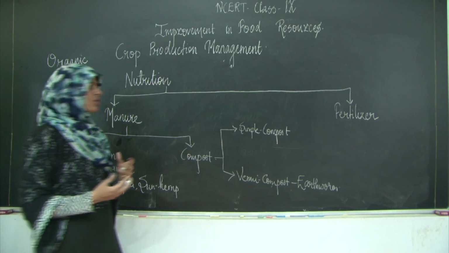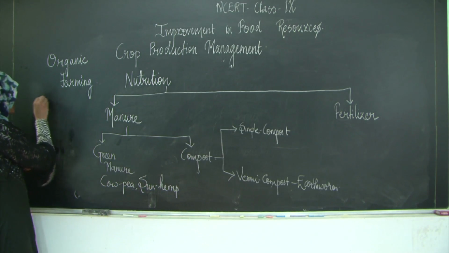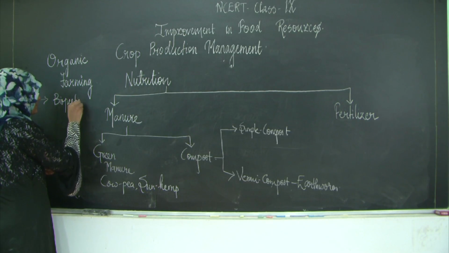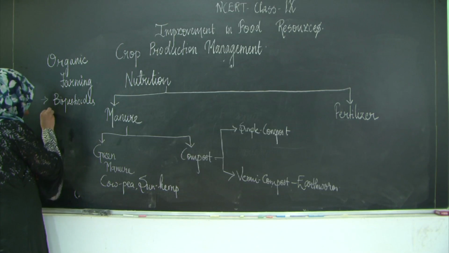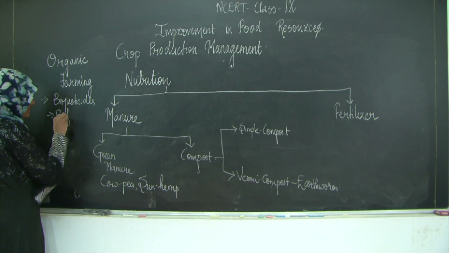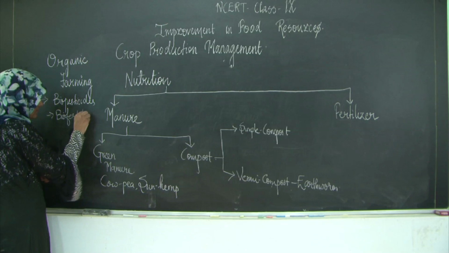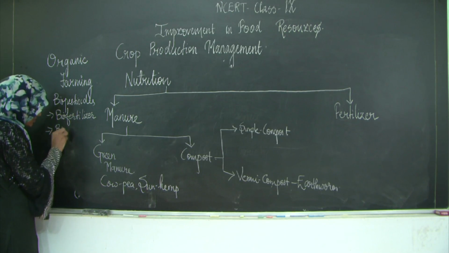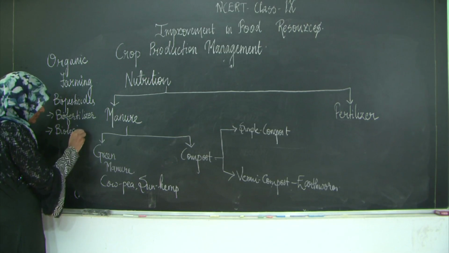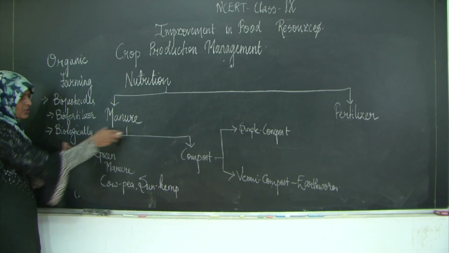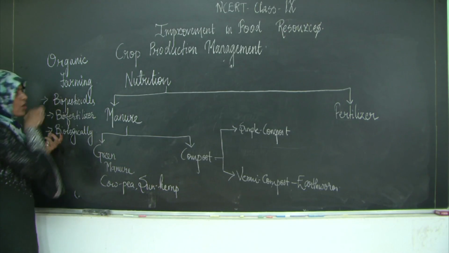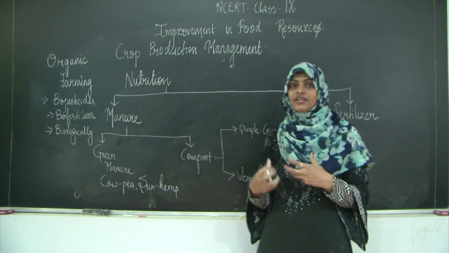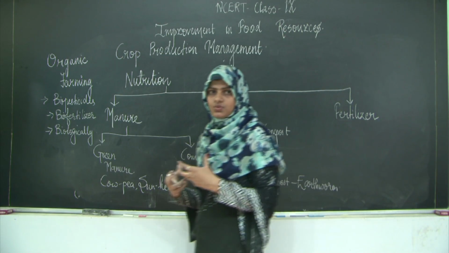In organic farming, we use biopesticides, biofertilizers, and all the things which are biologically made. You can either use manure for organic farming, or instead of manure you use microorganisms like the leguminous organism or the rhizobium.